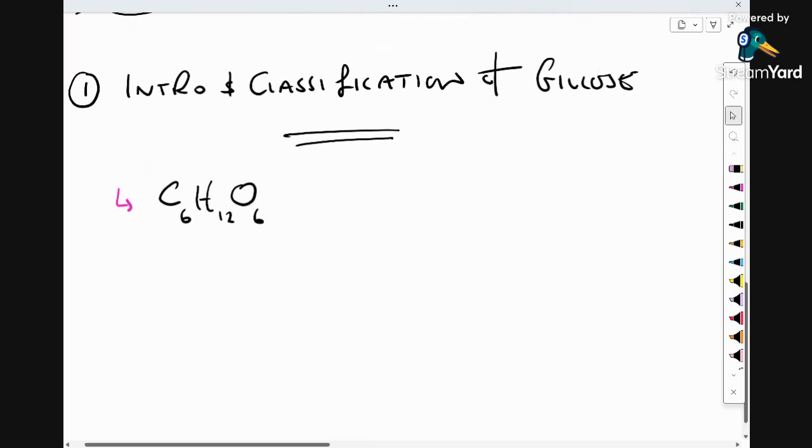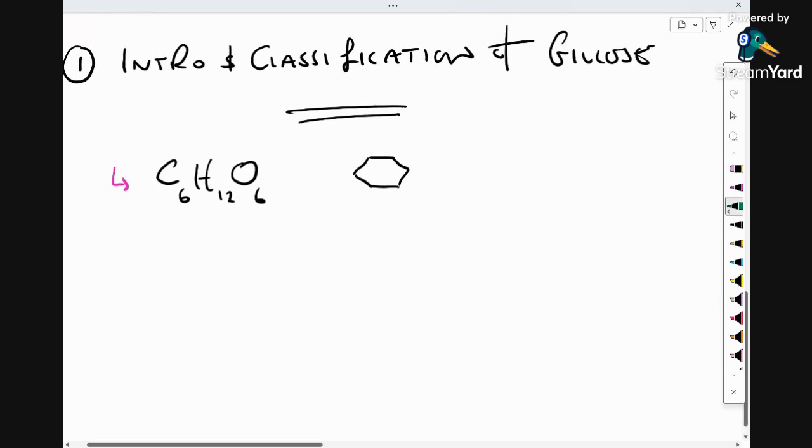And you may have seen at GCSE that it is represented typically by a hexagon, to reflect the fact that there are 6 carbons. In skeletal formulae for chemistry, wherever there is a bend in the road, we infer that there is a carbon, unless we're told otherwise, at that position, and that there are hydrogens attached.